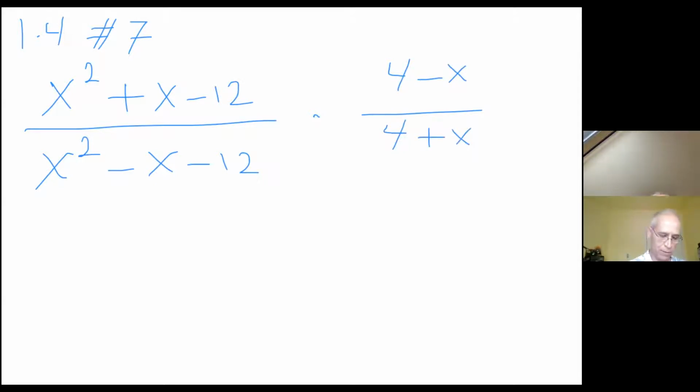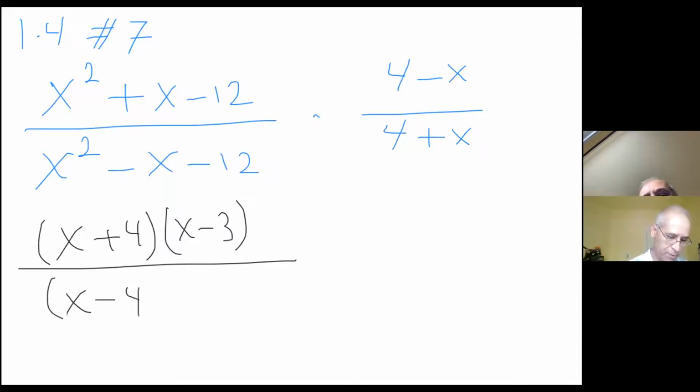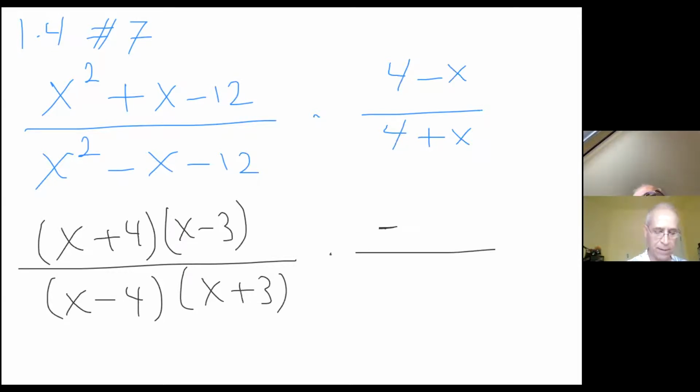Okay, so what I'm going to do, I'm going to factor the numerator of the first term, which is going to be x plus 4, x minus 3 all over x minus 4, x plus 3. That's times. I'm going to factor -1 from the numerator.